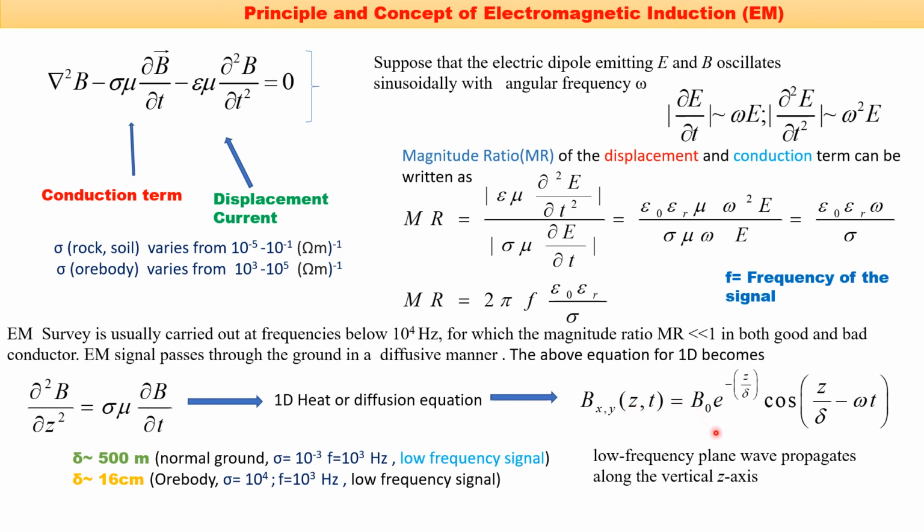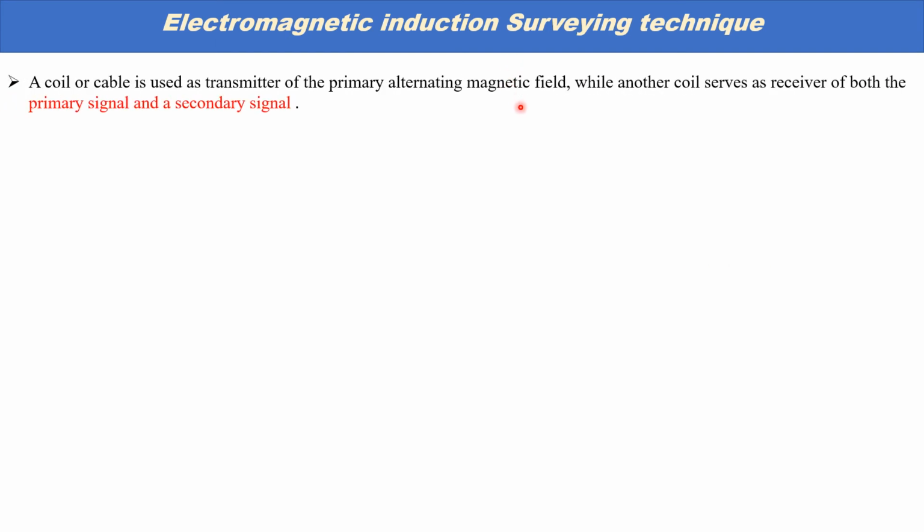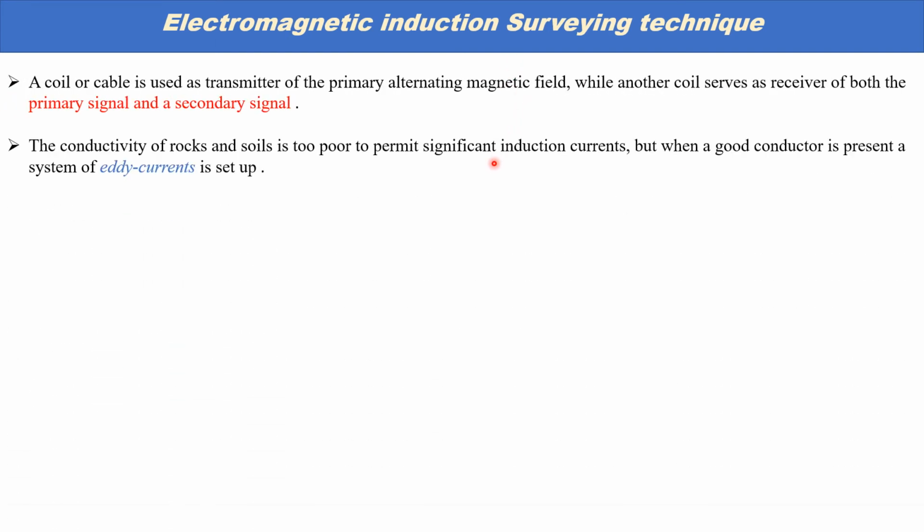Okay, so now I'll move to the application part, the electromagnetic induction surveying technique. So how do we do electromagnetic induction? Here we use a coil or cable simply as the transmitter, which is transmitting a primary alternating field, and we have another coil which is the receiver. It will receive the primary and the secondary signal.